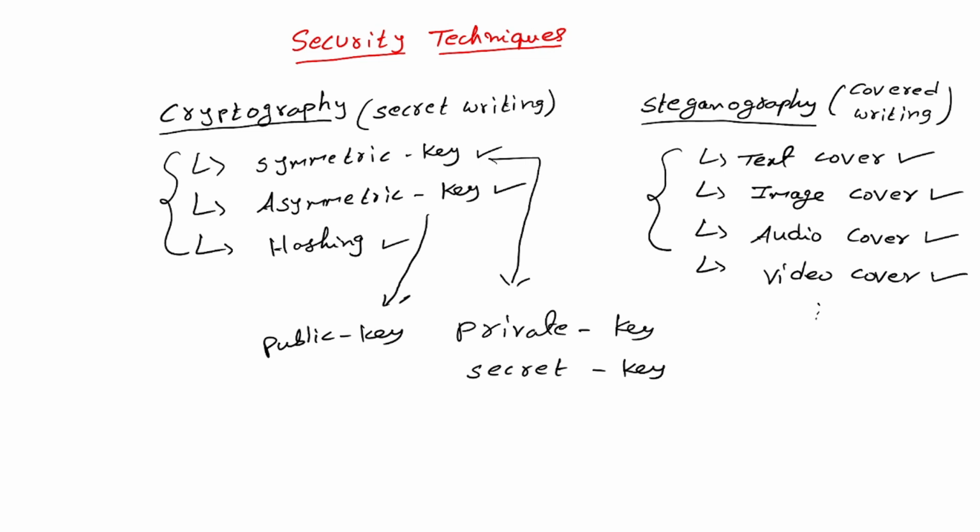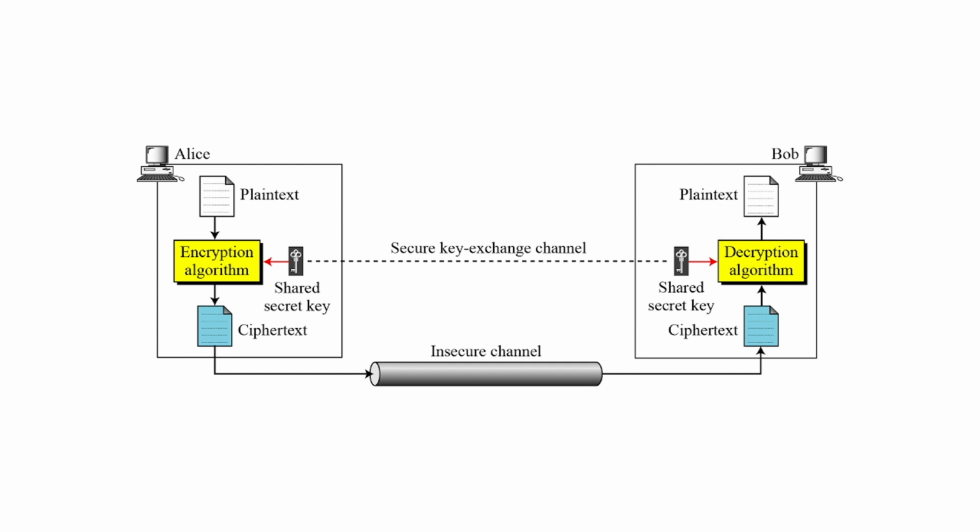First we discuss symmetric cryptography. Here Alice and Bob are exchanging information. Alice sends the message to Bob and Bob receives the message from Alice. The original message is called plain text, and it is given as input to the encryption algorithm.